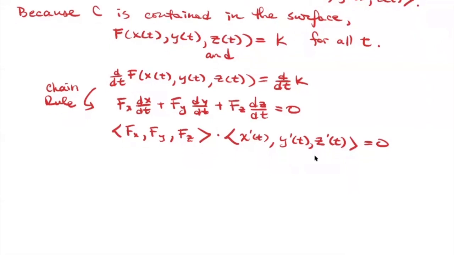Okay, so we've got the gradient vector here first. And this guy is r prime of t.